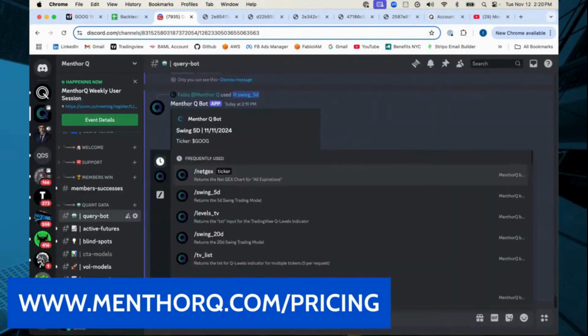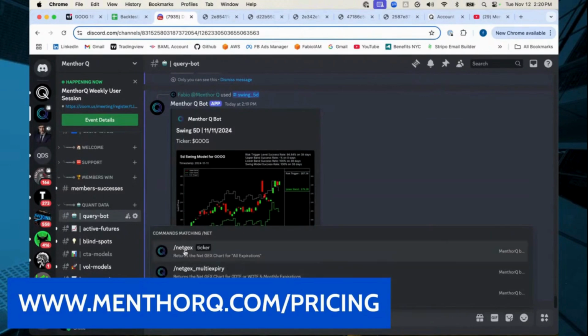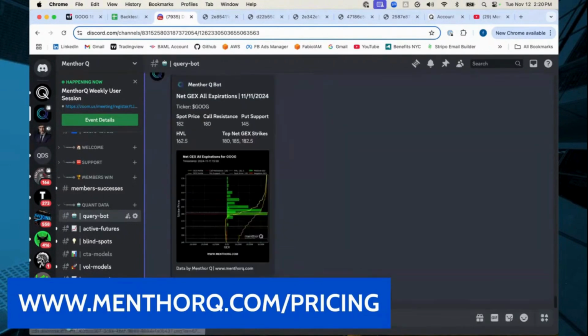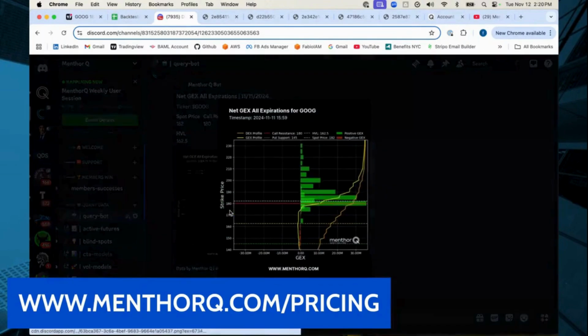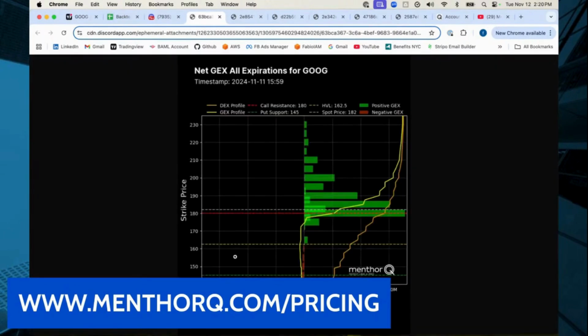The next step would be looking at my net jacks, and I want to see what the position looks like for Google. In this case, since last week, we have basically no bearish net positioning. We have a very strong positioning around this 180 level, very, very strong core resistance. And then obviously we have these levels above.